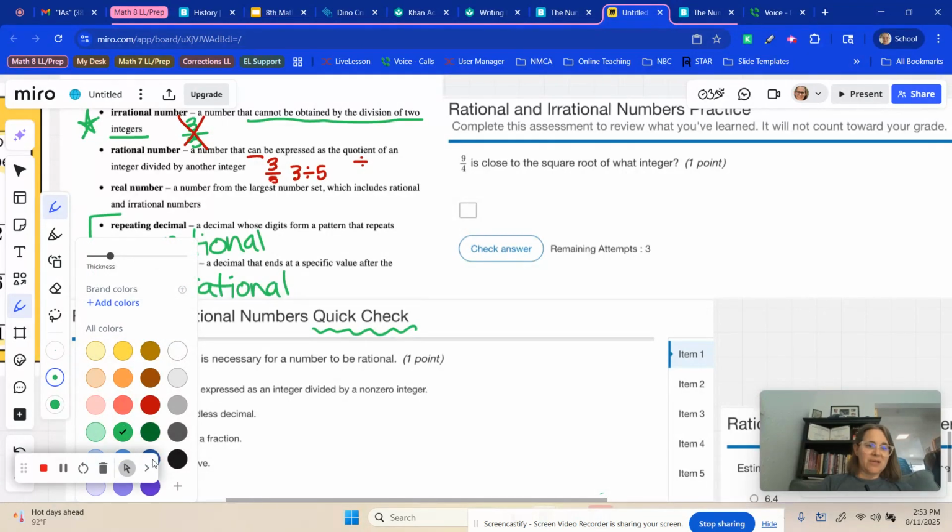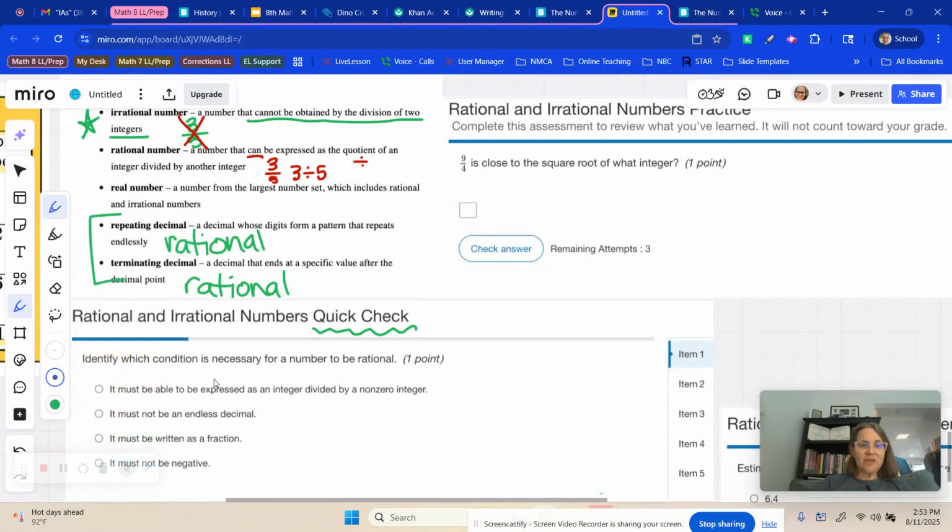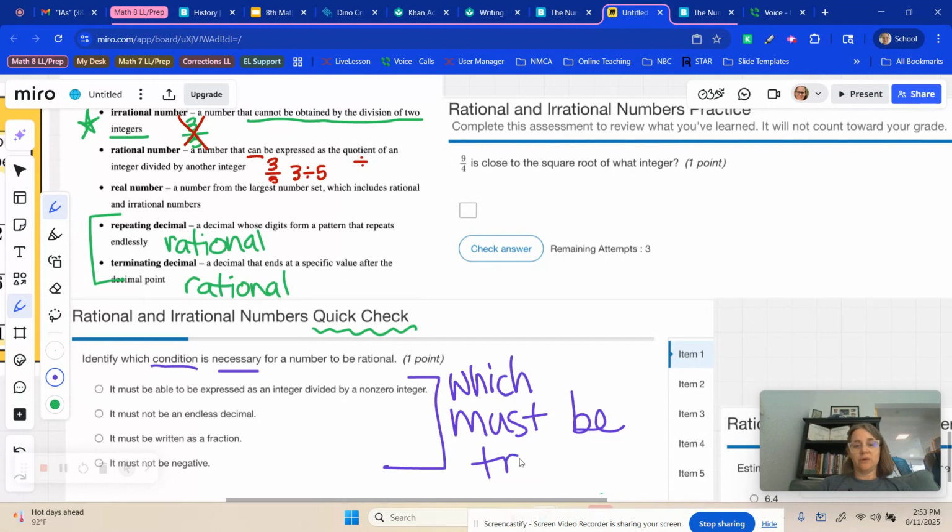So what they're saying here, what condition is necessary for a number to be rational? What they mean is which of these choices must be true.